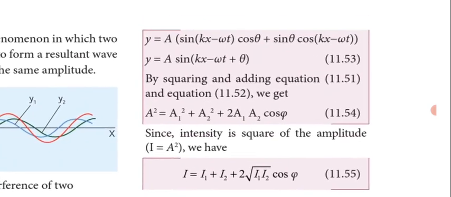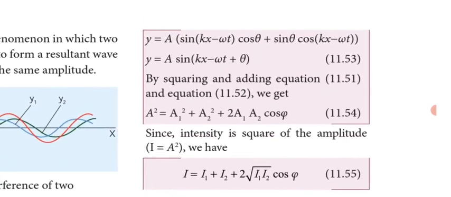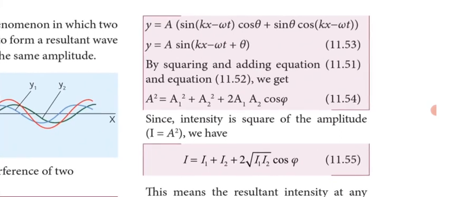How do we get this equation? If you square and add, you get this value. So A squared is equal to A1 squared plus A2 squared plus 2 A1 A2 cos phi.